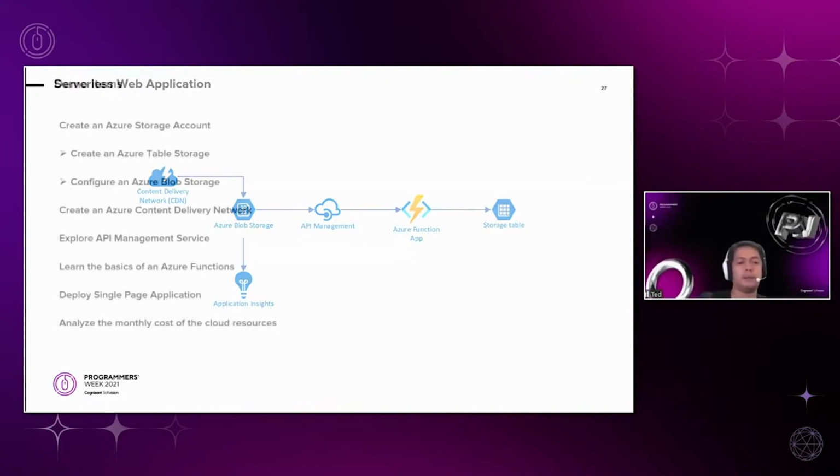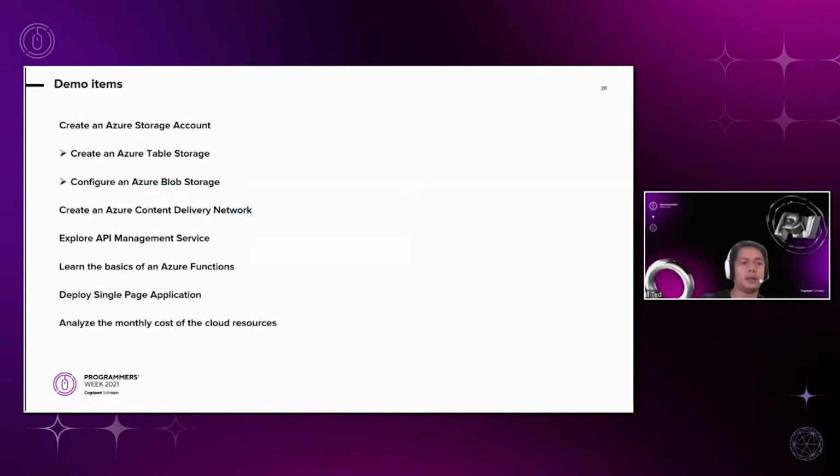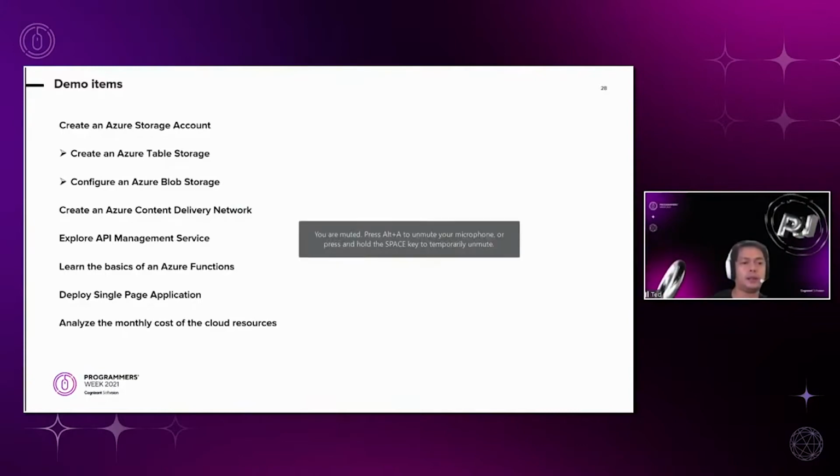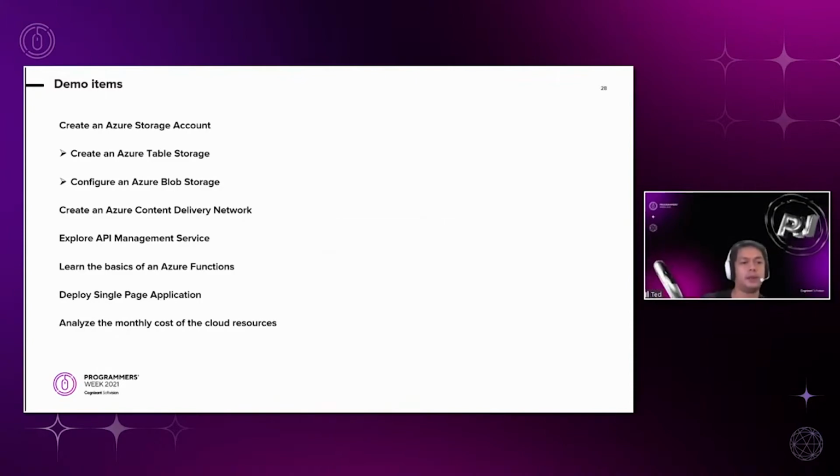So let's go ahead. In this demo, I'll talk about creating an Azure account first, and then create Azure Table Storage and Blob Storage. How do you configure your content delivery network? We will explore the API management service, and then we will learn about the basics of Azure functions, and then deploy the single page application.